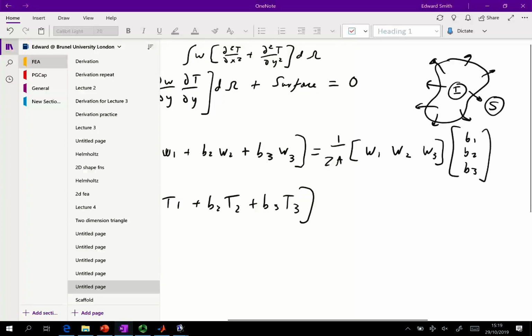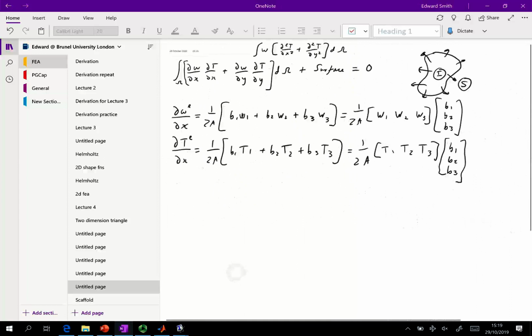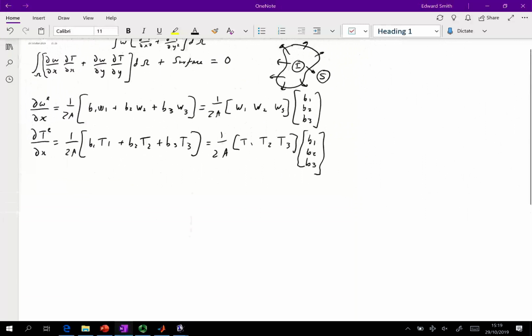So essentially that's exactly the same expression, just rewritten as a matrix. Hopefully that seems reasonable. Anyone outraged by that? Okay. So perfectly, and then we can do the same thing here with T1, T2, T3, and B1, B2, B3 like this. Okay, so let's get rid of this.